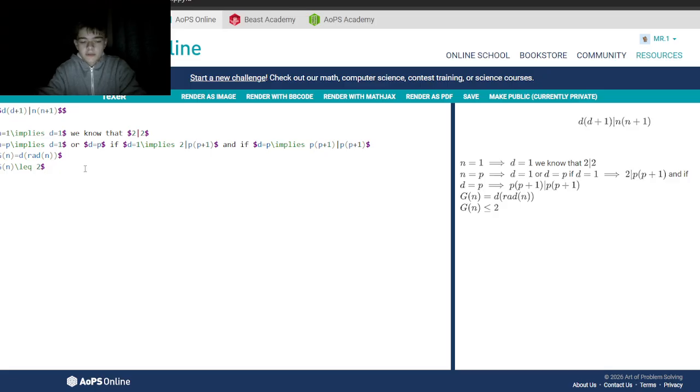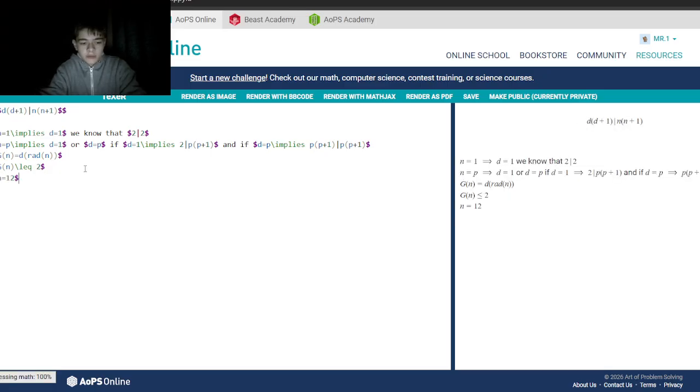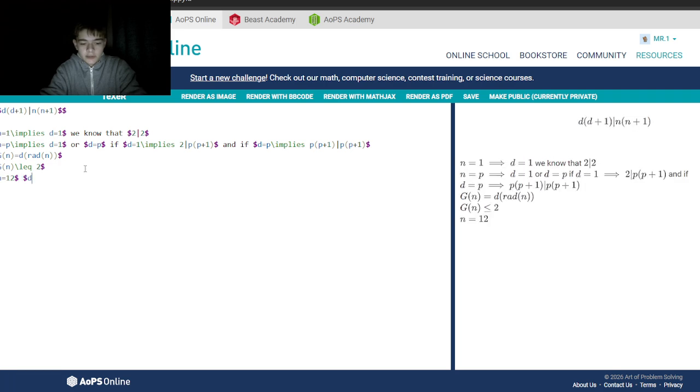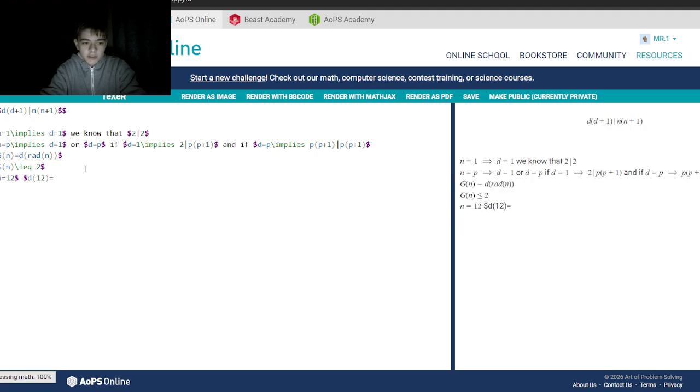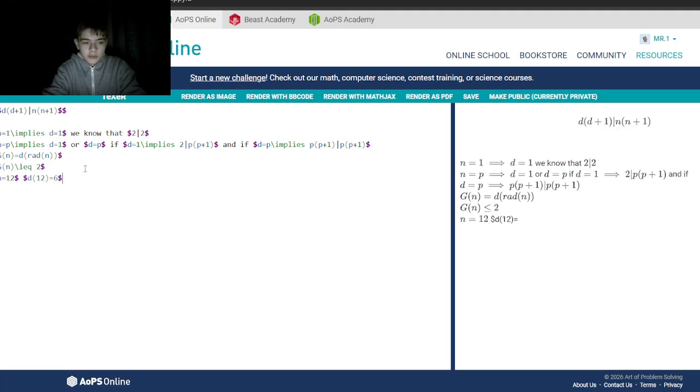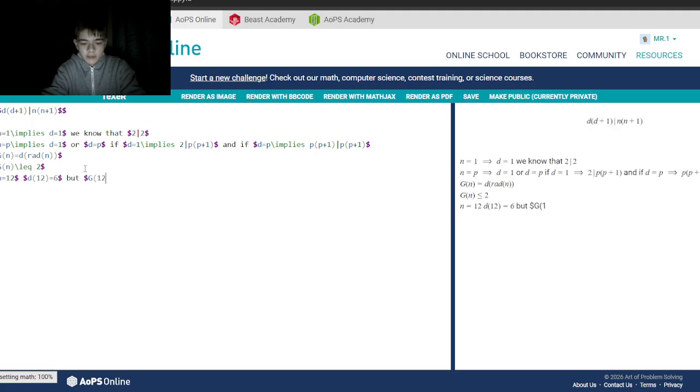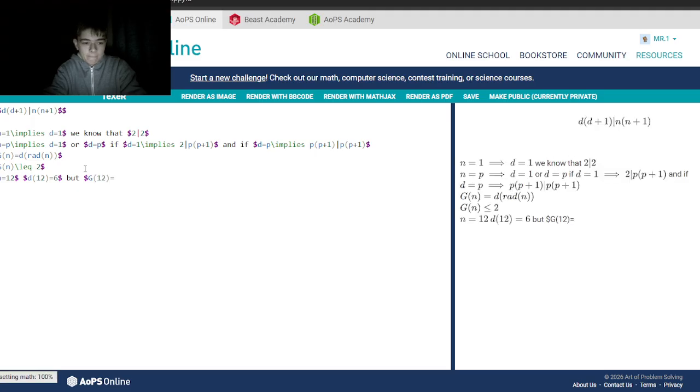So for example, if n is equal to 12, we know that the number of divisors of 12 is 3 times 2, which is equal to 6, but in our case we get that G12 is equal to 2, because only 2 and 3 divide this number.